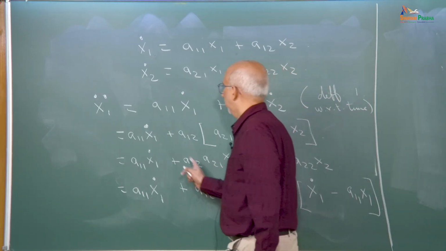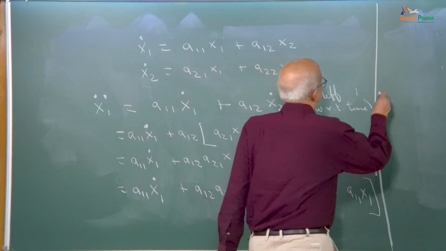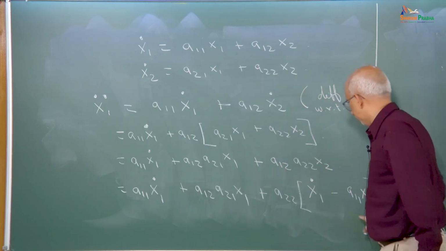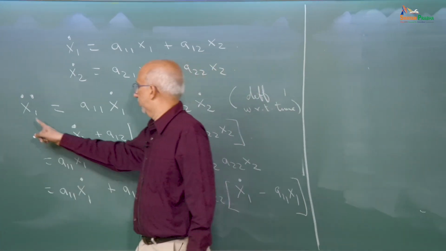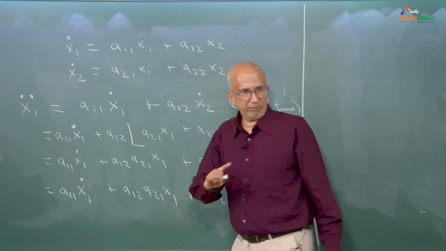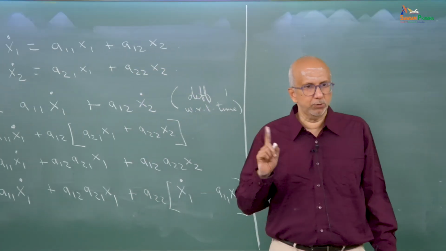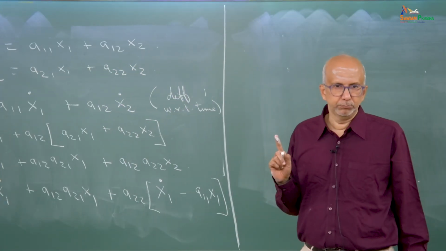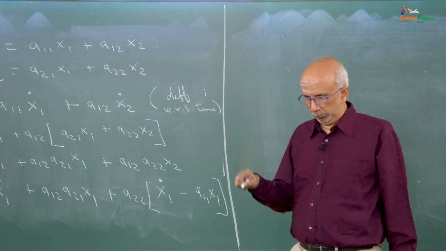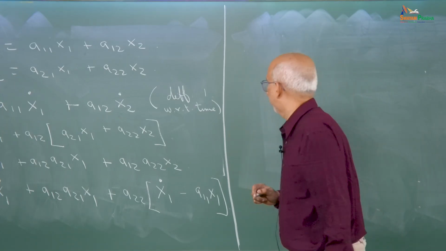So, I am going to write all of this now as, basically this whole equation is in terms of x1, x1 double dot, everything is in terms of x1. I will manage to eliminate x2. That was my objective, right? Two equations, two unknowns, get one equation, one unknown.